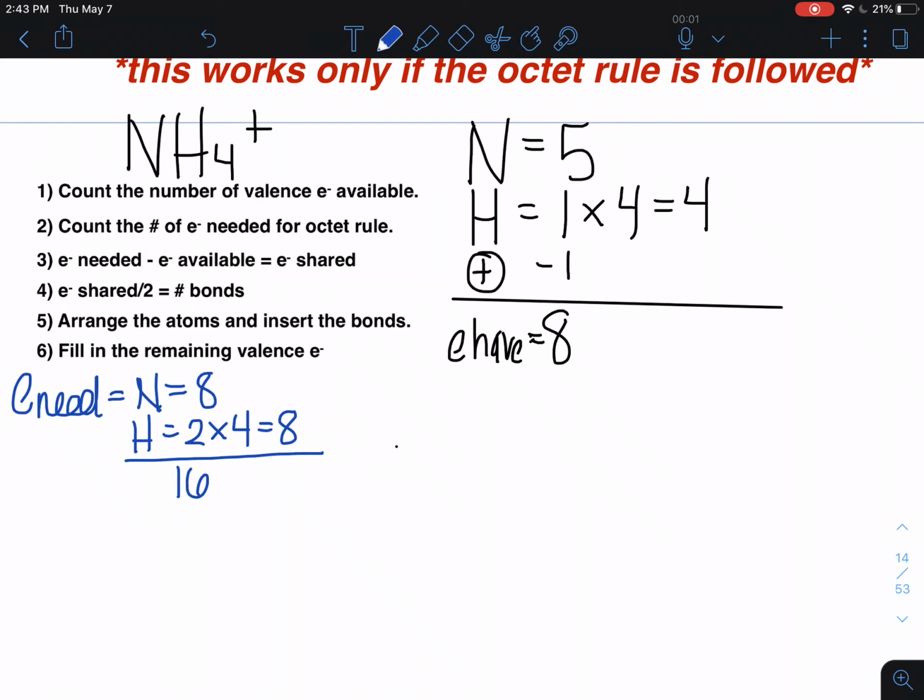E need, E shared is equal to E need minus E have. Okay, so it looks like all of the electrons that we have to work with are all in bonds too, by the way.